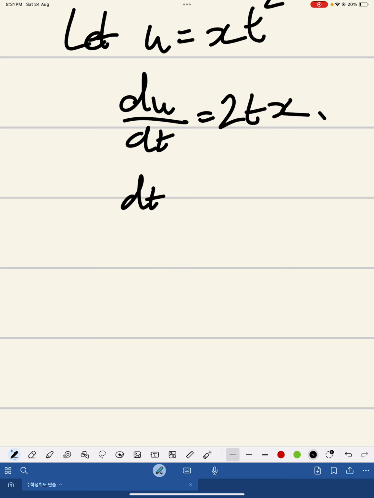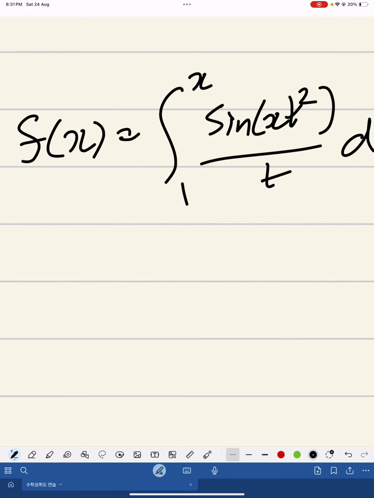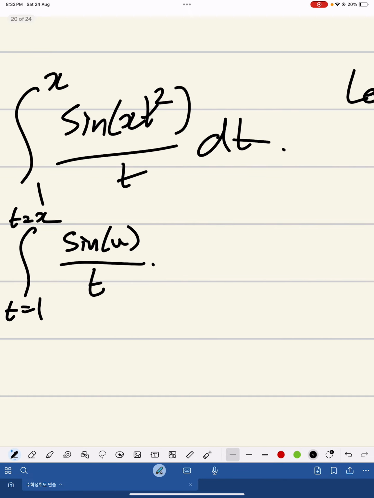So dt equals 1 over 2tx du. Yep. So we can rewrite f(x) as the integral from t equals 1 to t equals x of sine of u over t times 1 over 2tx times du.